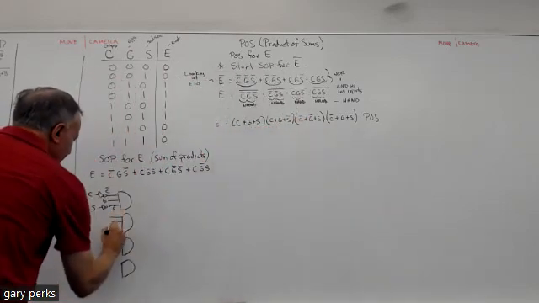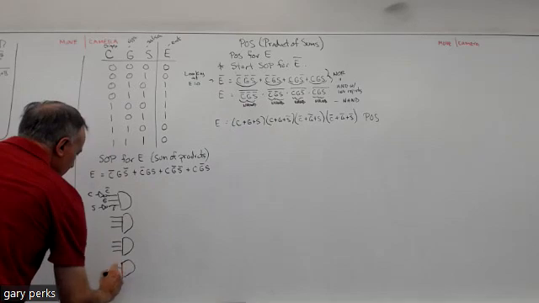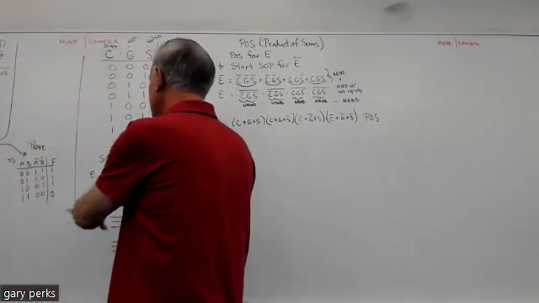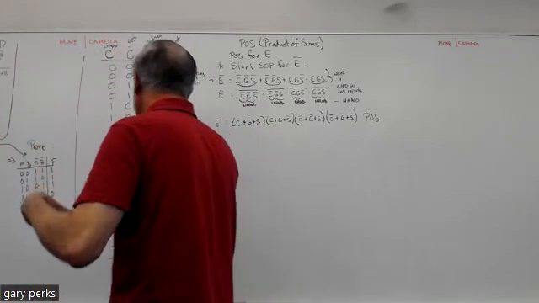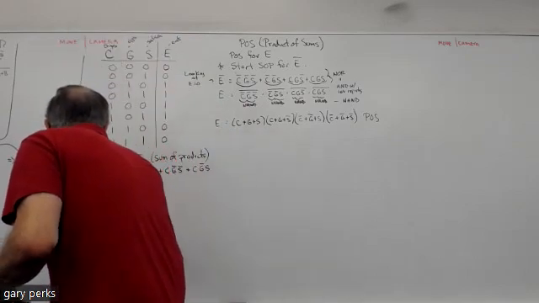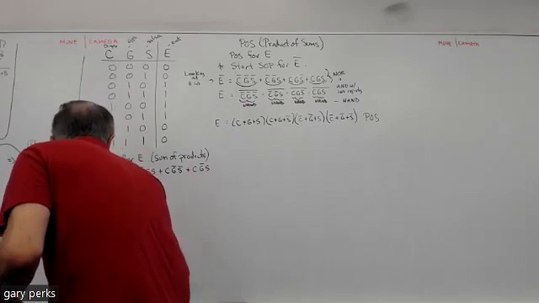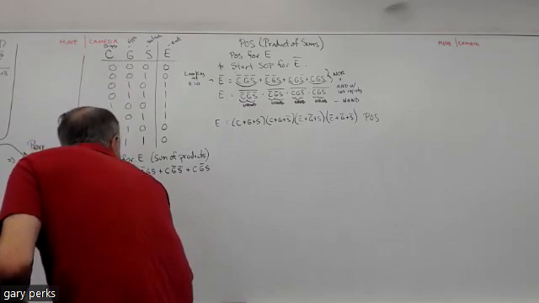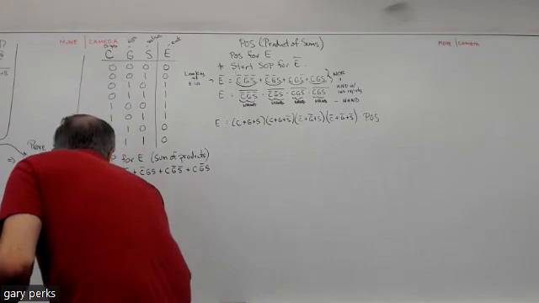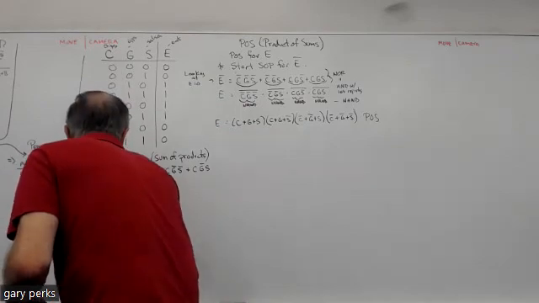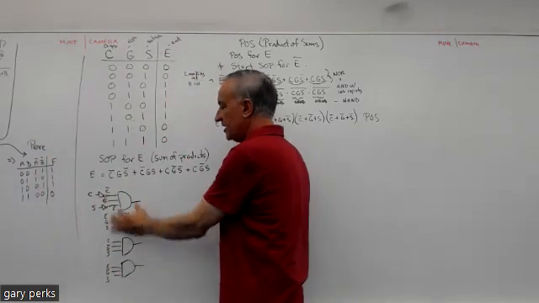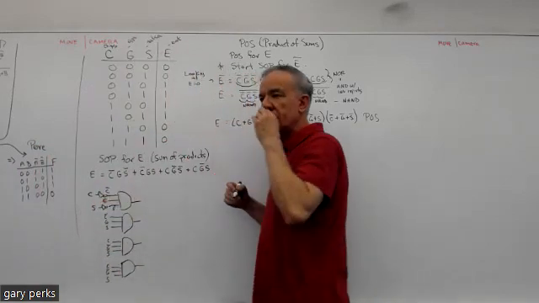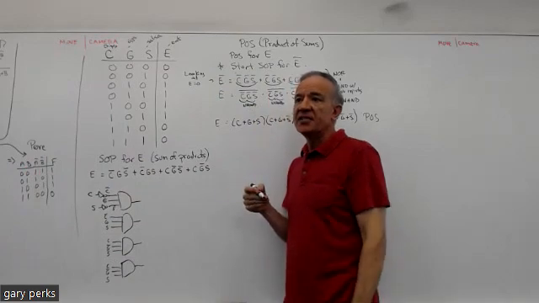So all these AND gates would have 3 inputs. And I'm not gonna draw the inverters, but you understand you have to put the inverters there to get the not variable. Everybody see why we'd have 4 AND gates? Because in these 4 terms, the variables are ANDed together.